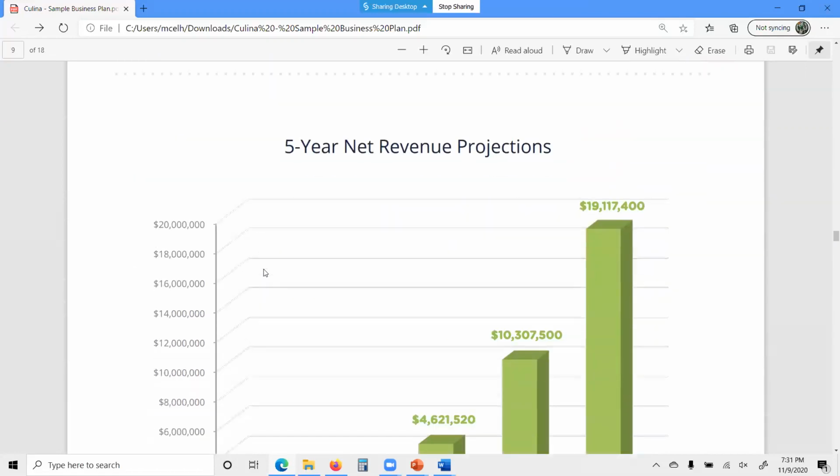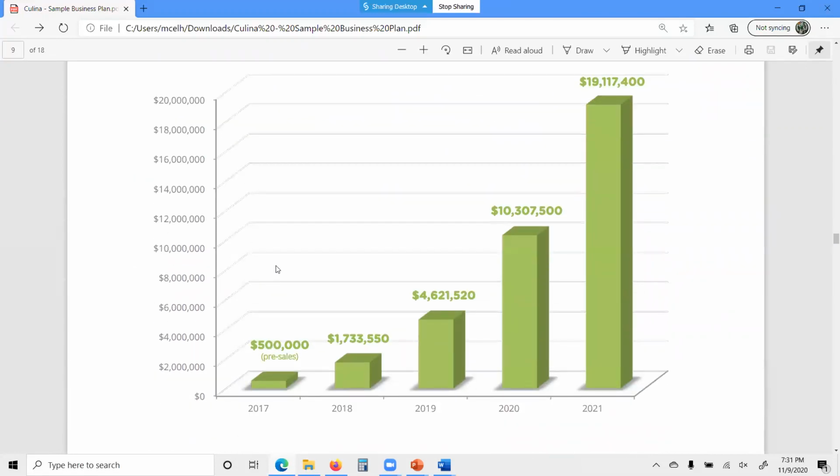And they had some net revenue projections, which sadly those did not happen. But they were looking for, this was the pre-sales were $500,000. In 2018, they were looking to triple that. 2019, they were looking to almost triple 2018's, and so on and so forth.